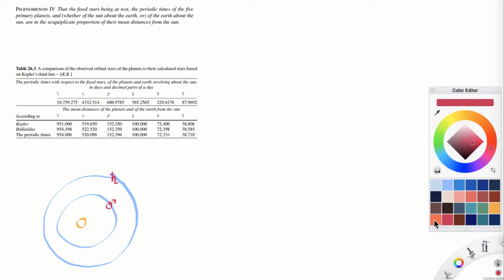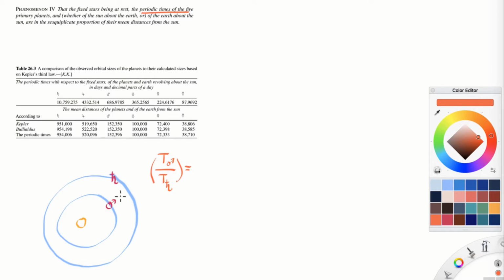And if you were to measure the time of orbit of Mars and the time of orbit of Saturn, you were to find this ratio of their times, the periodic times. Those are in the sesquiplicate proportion of their mean distances from the Sun.